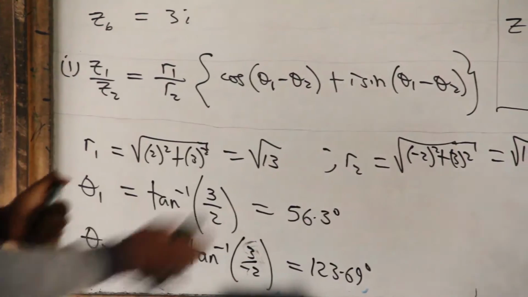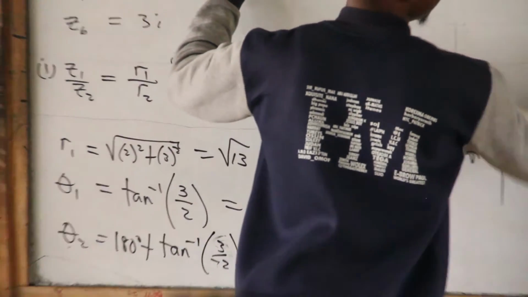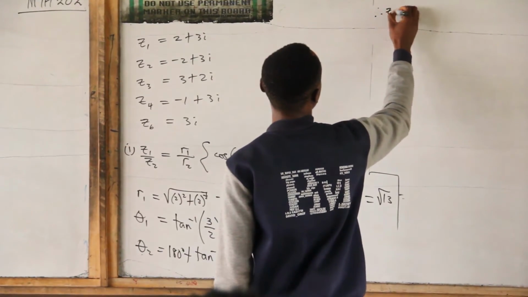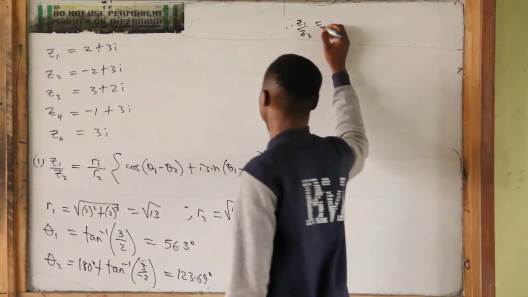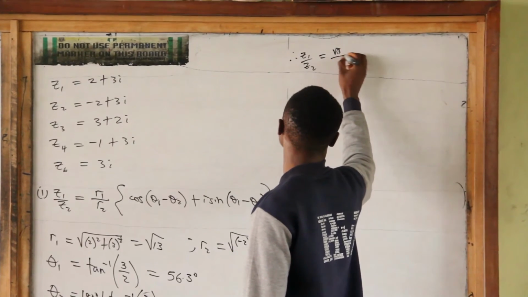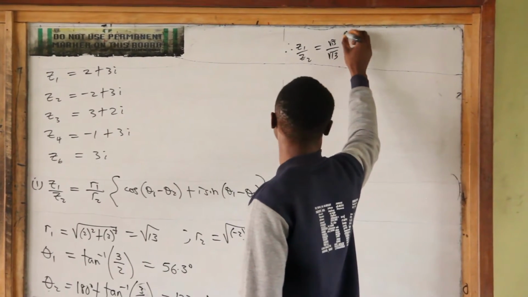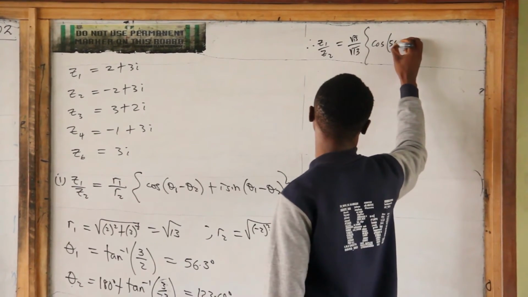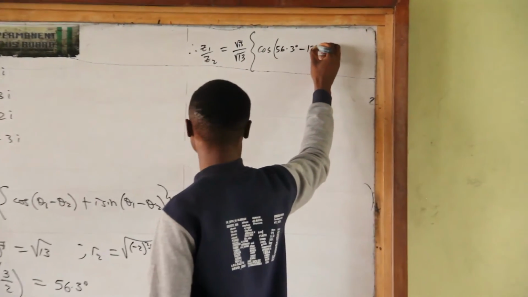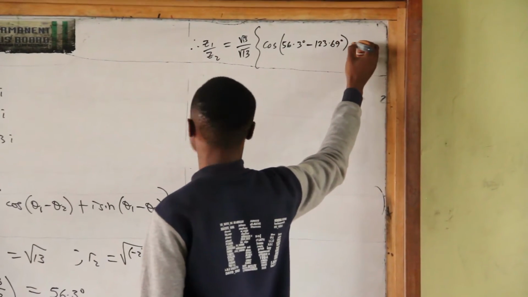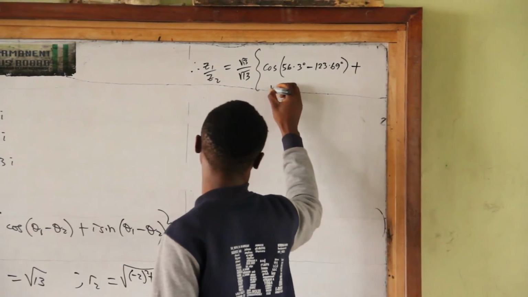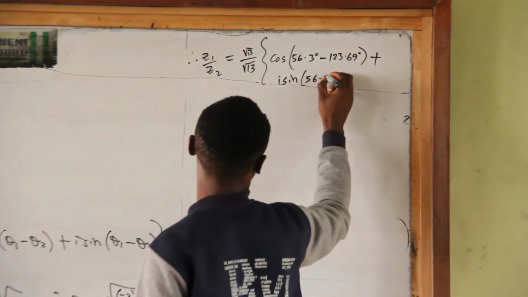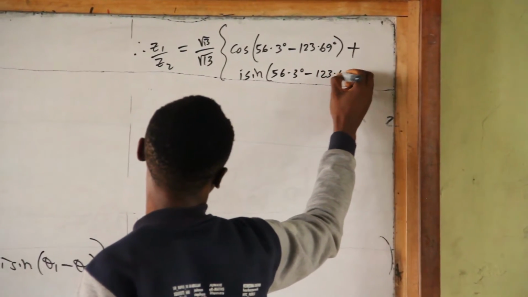So with this, you can conclude the division of these two. Therefore, Z1 over Z2 equals R1 over R2, that's root 13 over root 13, multiplied by cos of theta 1 minus theta 2, 56.3 degrees minus 123.69 degrees, plus i sin of 56.3 degrees minus 123.69.